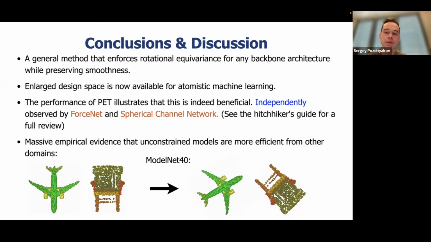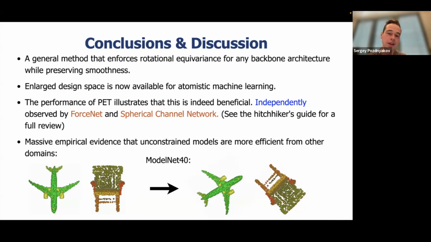And if we do not exactly incorporate rotational equivariance into a model, it is possible to achieve very good performance. Independently, the same was observed by such models as ForceNet and spherical channel networks. In particular, ForceNet explicitly states in the abstract that if we relax rigorous rotational equivariance, it is really beneficial for the trade-off between computational efficiency and expressivity of a model.